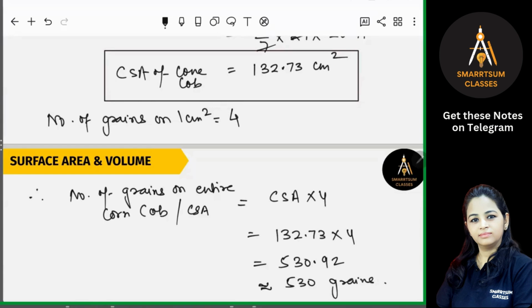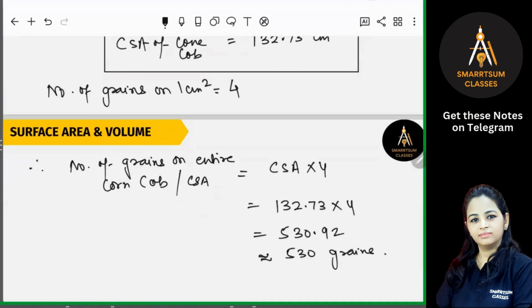So how many grains are there on the entire corn cob, means on the entire surface area of the corn cob? That is 530 grains, because on 1 centimeter square there are 4 grains, right? So you can say 4 grains per centimeter square. That's the reason the centimeter square will cancel and you will get the number of grains, right? So this is the answer. Is that clear?